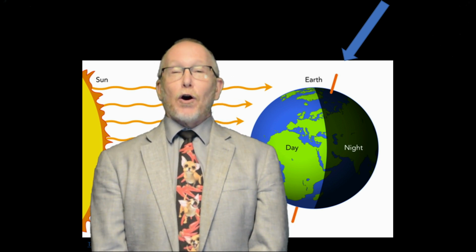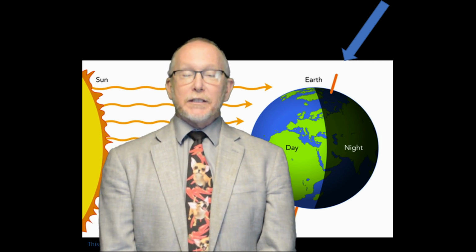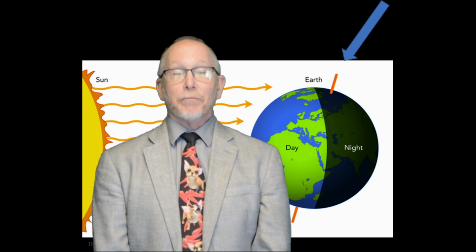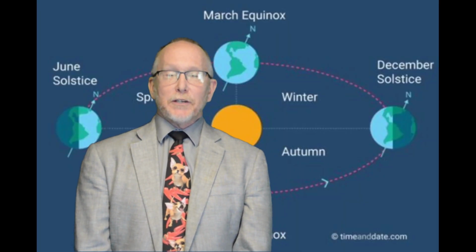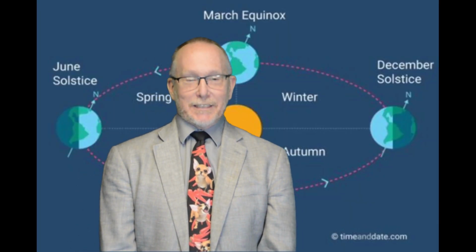If we draw the earth tilted left, it is always tilted left. If we draw the earth tilted right, it is always tilted right. So, in reality, the earth remains tilted in the same direction all the time, forever. So keep in mind the tilt of the earth on its axis.